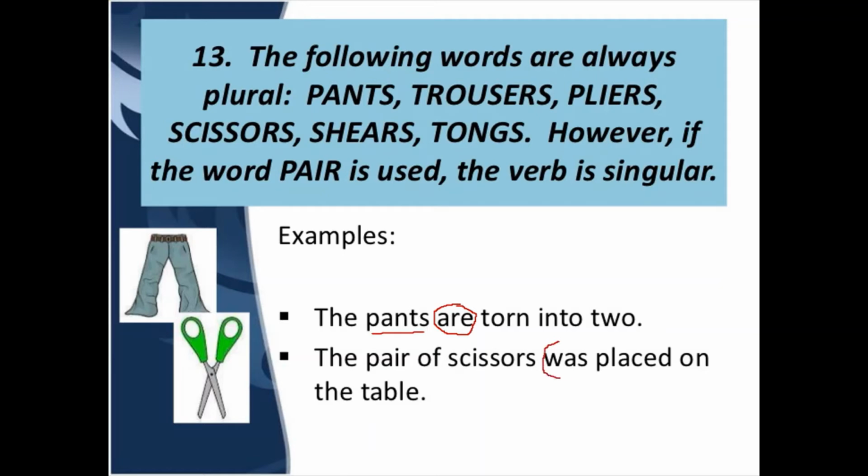Why "was"? Even though the noun here is scissors, when it is preceded by the word pair, the entire subject becomes singular. So the pair of scissors is a singular subject. So if the subject is singular, then it must take a singular verb. So that is for rule number 13.